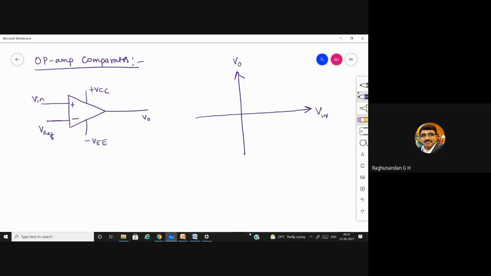But here, whenever you take two voltages together to compare, output voltage and input voltage, we call it transfer characteristics. It gives the variation in the output with respect to the variation in the input.